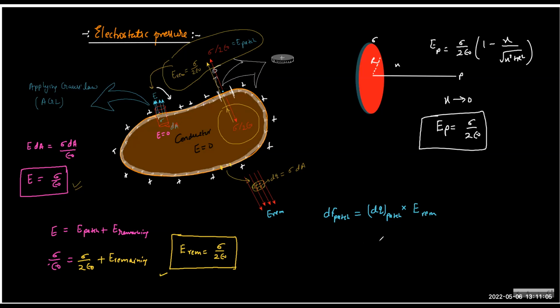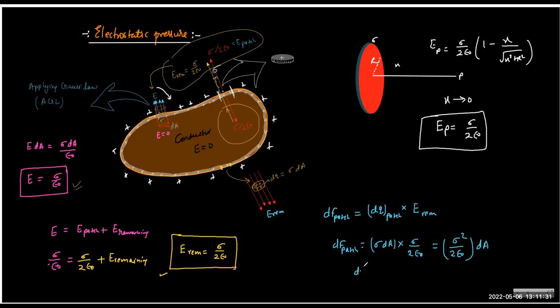Okay. So this will be sigma into dA, and this is sigma upon 2 epsilon naught. Okay. So definitely we can rewrite this as sigma square by 2 epsilon naught multiplied by dA.